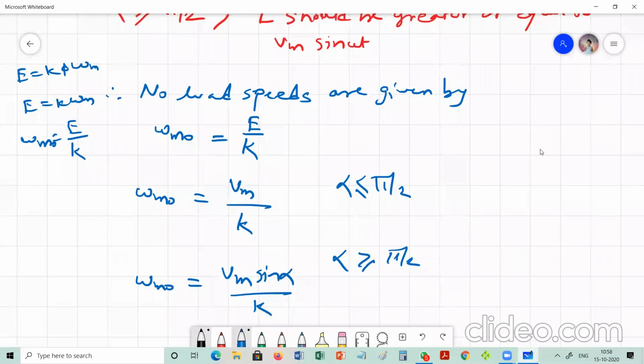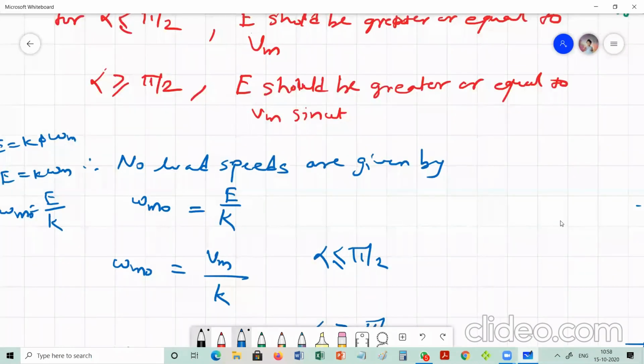For alpha greater than or equal to pi by 2, the back EMF E should be greater than the instantaneous value of voltage for a given firing angle, Vm sin omega t. For alpha greater than pi by 2, E should be greater than or equal to Vm sin omega t.